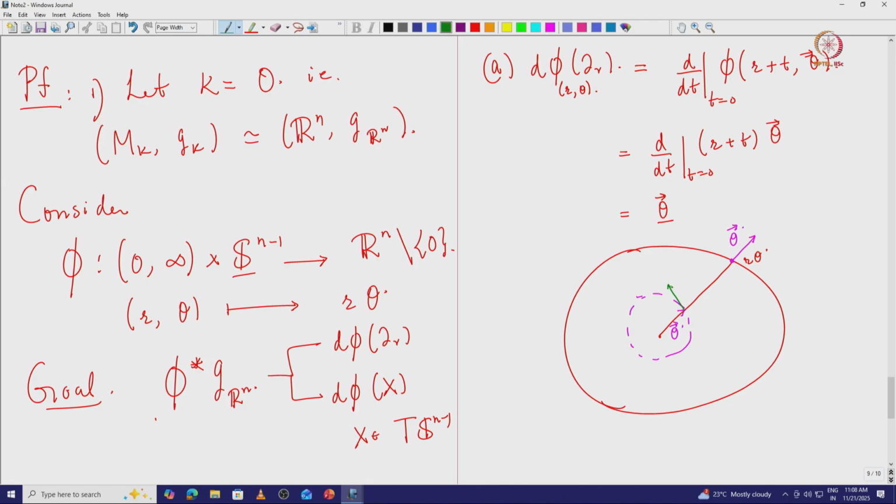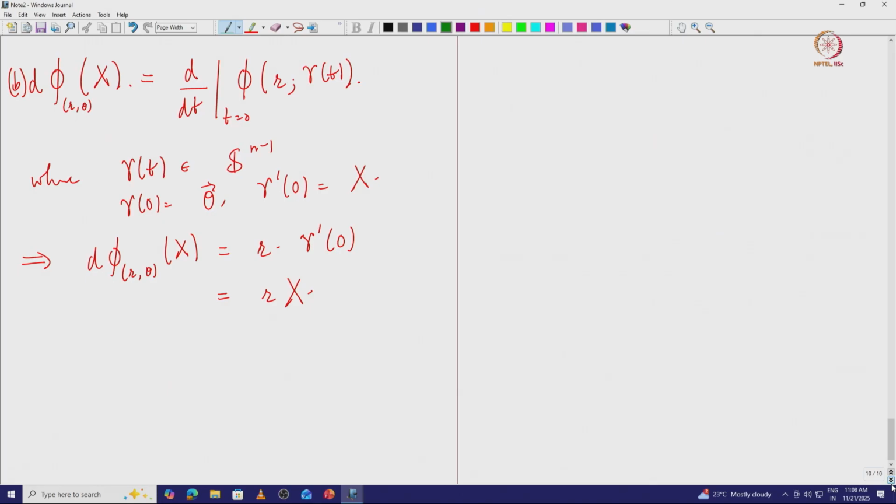So under the derivative map at this point it will correspond to the same tangent vector but scaled by the radial distance. Okay. So that is what the derivative map does.